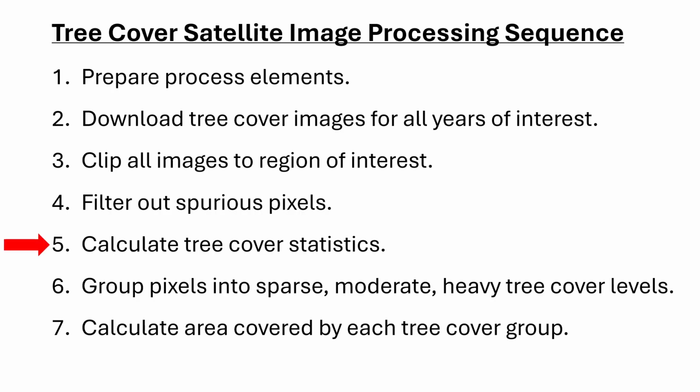Calculate tree cover statistics. Group pixels into sparse, moderate, and heavy tree cover levels, and calculate the area covered by each tree cover group. In this tutorial, we will be using QGIS to process the images.